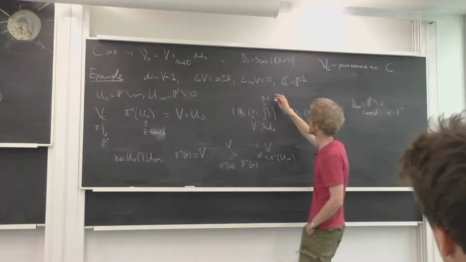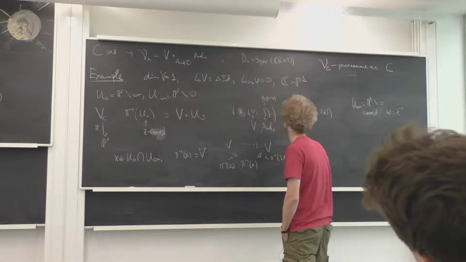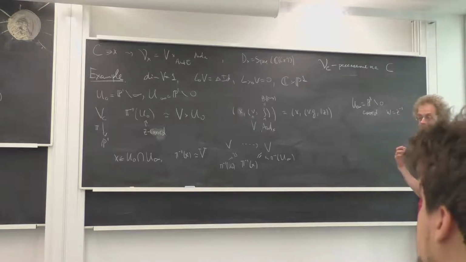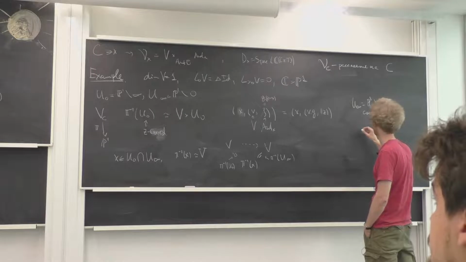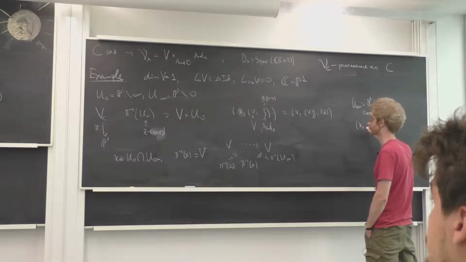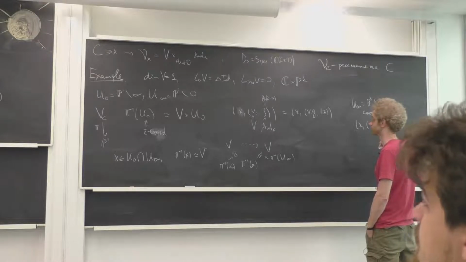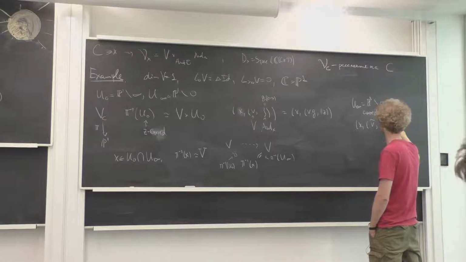Maybe I better write here. To make it a coordinate at x, I should take instead x and then some v tilde, and here g of z inverse minus x inverse.